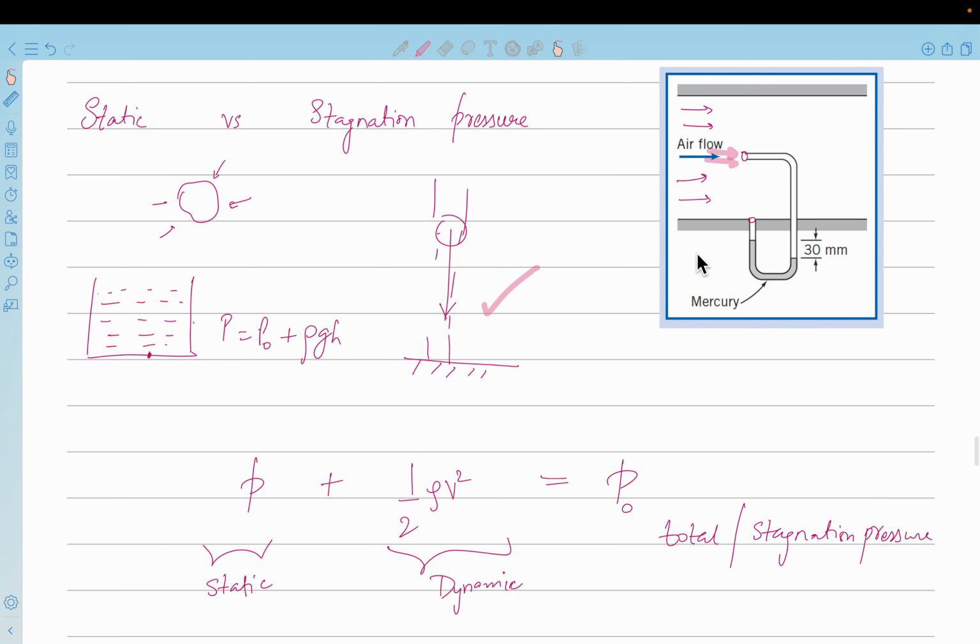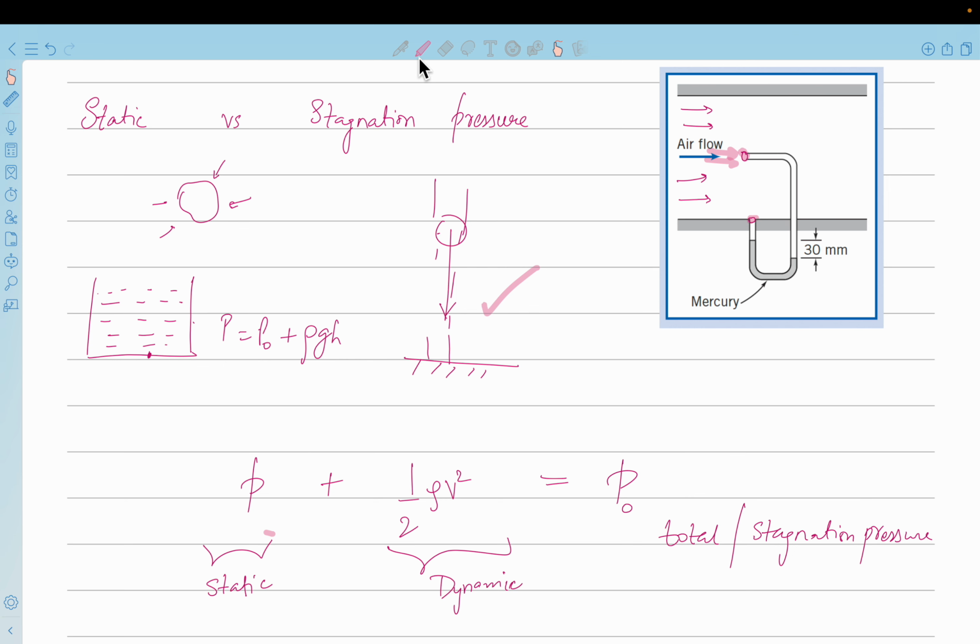So it is going to measure this P, and because of the motion, because of this uniform flow, there is some impingement onto this point, and that is the dynamic pressure. So what is measured at this location is going to be the stagnation pressure, but what is measured over here is only because of the fluid blob that is experiencing it.